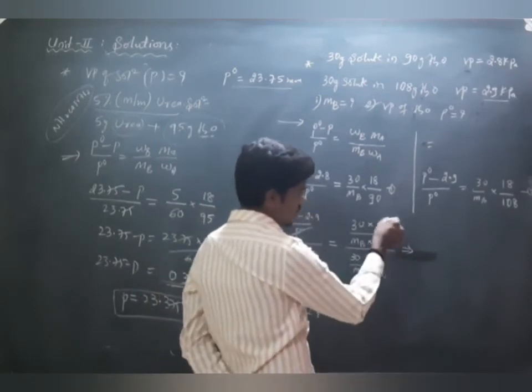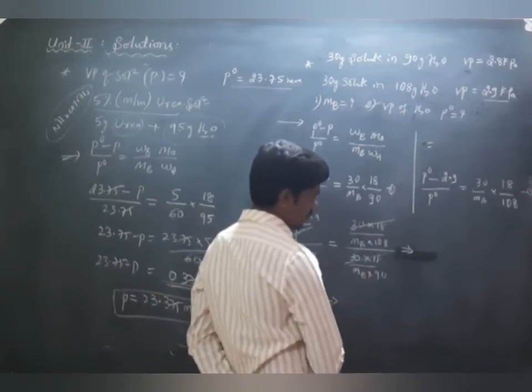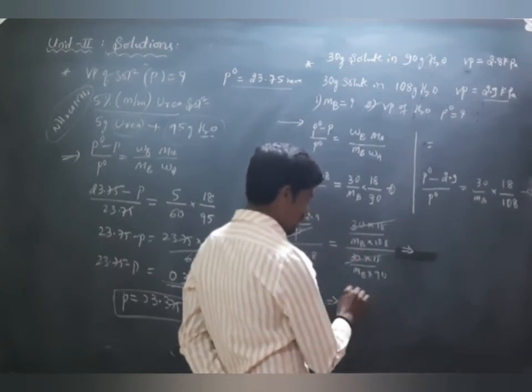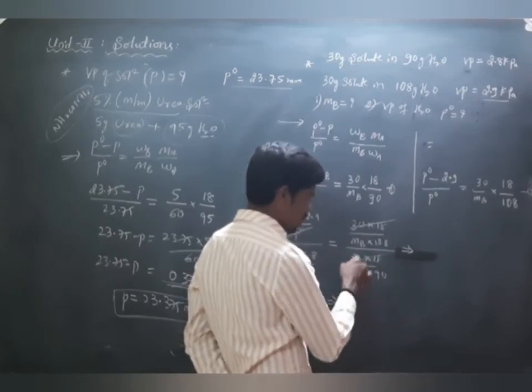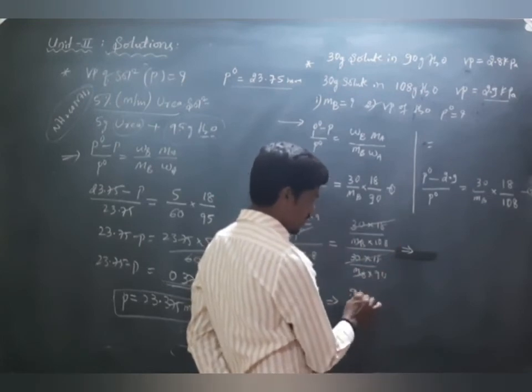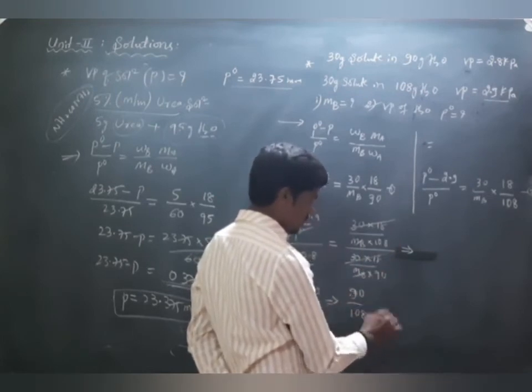Here the term 30 into 18 will be cancelled. MB also gets cancelled. So 90 divided by 108.